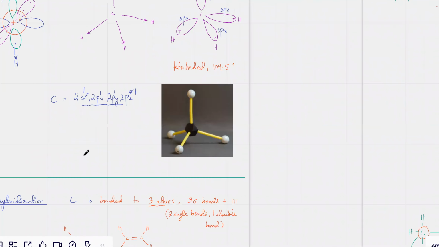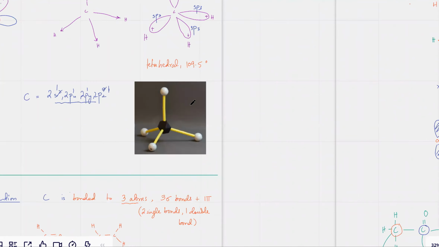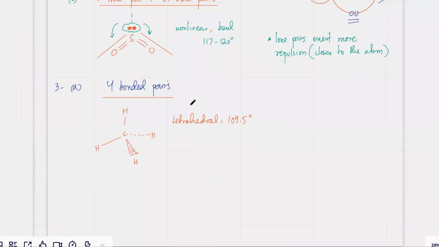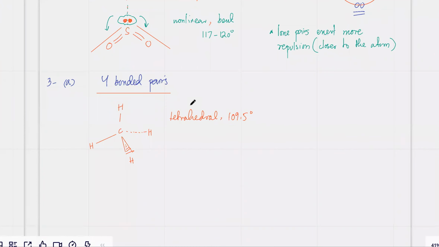This is what the atom would look like. This is what the 3-dimensional shape of the molecule would be. One bond on top, one going into the page, one coming towards you. So in total, all the angles would be identical. It's going to look like a pyramid with one bond on top of it. So that's a tetrahedral shape, and the angles are 109.5.